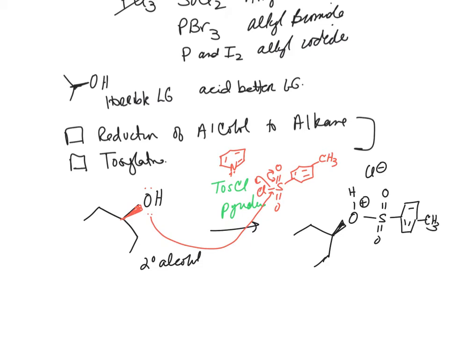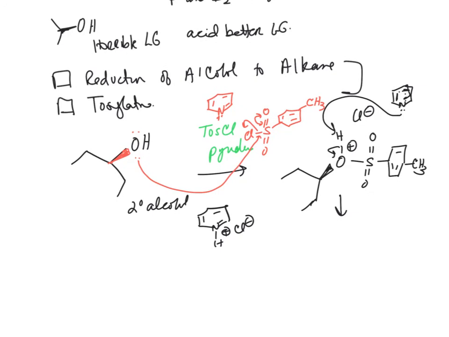Now it's not totally done yet because the proton sponge will make this neutral by coming here and taking the deprotonation, and then you get pyridinium chloride, which you all saw that is part of PCC, and then you have a tosylate. You can write O-tosyl like that, or you can draw the structure, which is the tosylate out.